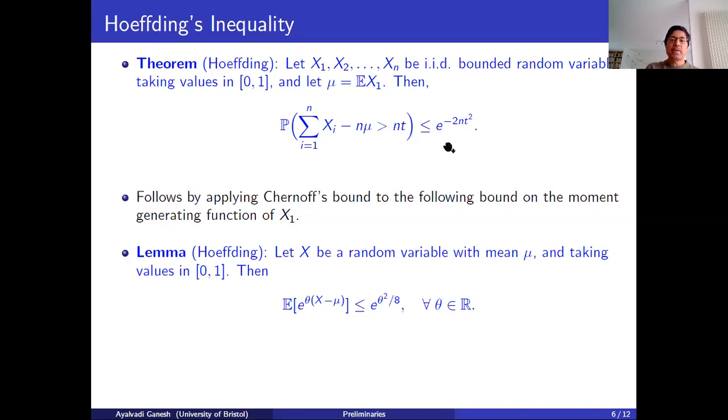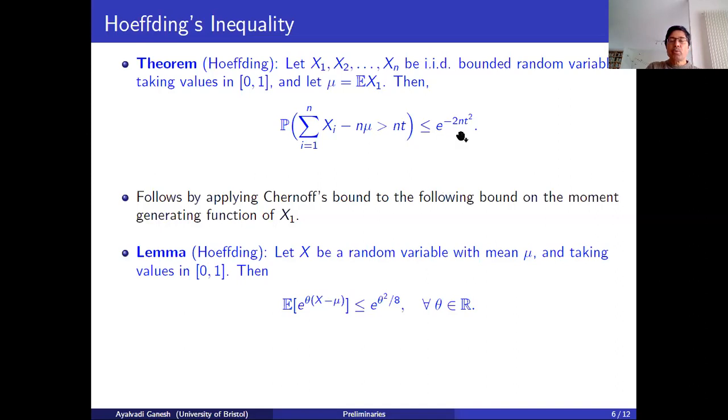The most important aspect of this is really the decay, that the decay is exponential in n. This is the main message you should take away from this. And then the exact rate of decay is a bit of a detail, but the exponential decay is the key message here.